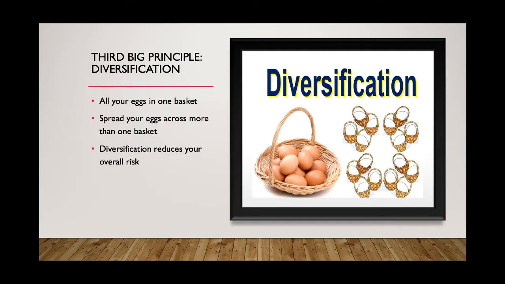There are a lot of different ways to diversify, or, as we return to the slide, to spread your eggs across more than one basket. Different stocks, different types of investments, different sectors, different time frames. Diversification reduces your overall risk, because if one basket is struggling, chances are, if you've diversified wisely, the rest of your baskets aren't struggling so much.